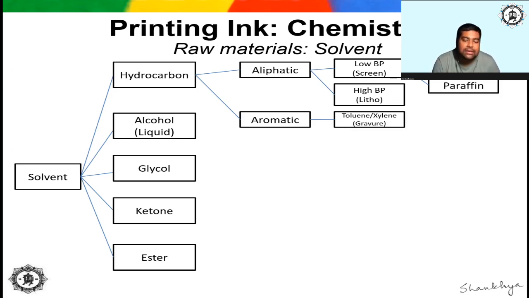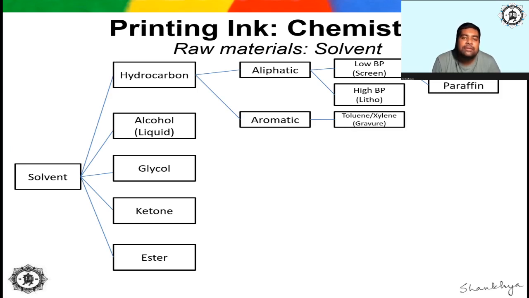I will show you later on, but why am I saying that aromatic solvents were used till now in making gravure inks, but the same aromatic compounds cannot be used for preparing liquid inks meant for flexo production? Why is that? I will give you the answer in a later slide.